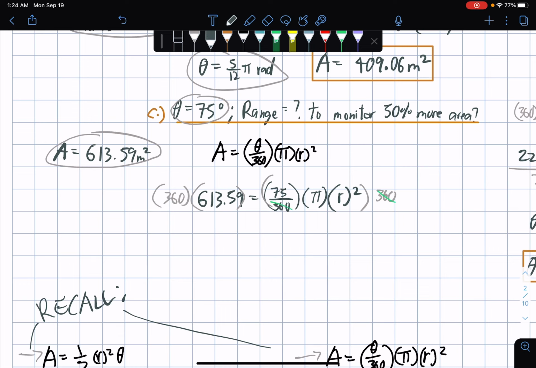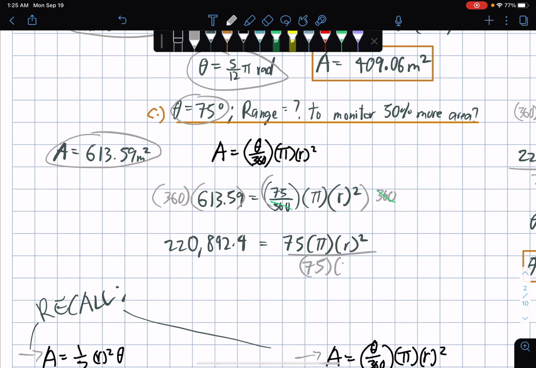We get 220,892.4 is equal to 75 pi r raised to 2. Divide both sides by 75 pi.